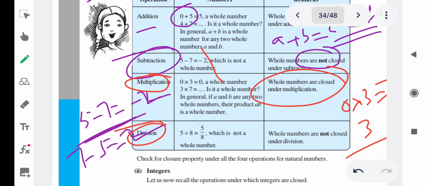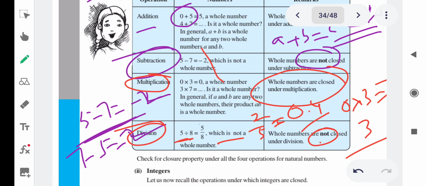But if I take 5 and 8, 5 by 8 is a fraction, so that does not belong. For example, 2 by 5, how much is it? It is 0.4. So 0.4 does not belong to the whole numbers. Therefore they are not closed under division.